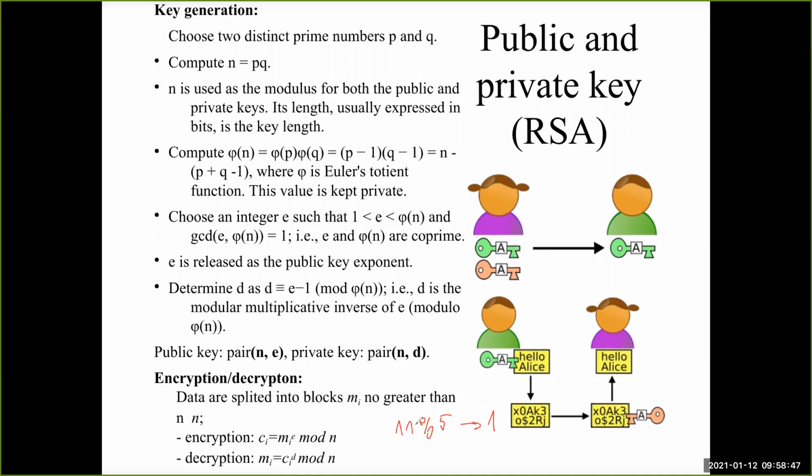So we don't know whether it was 1, 6, 11, or 16. So we cannot decide. So this operation is not invertible. But the rule is that when we prepare data and we calculate modulo n, we get ci.